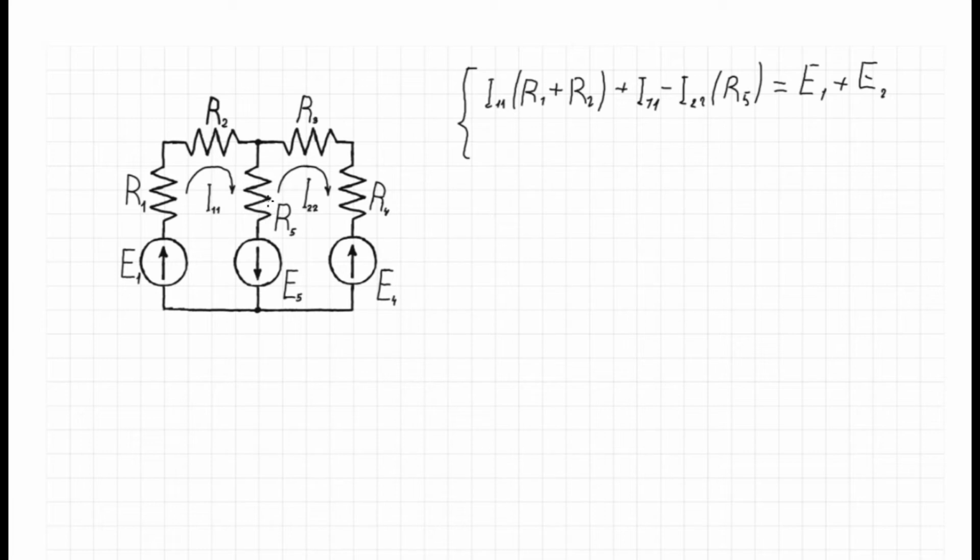For R5 we take the difference between the two currents I11 and I22.